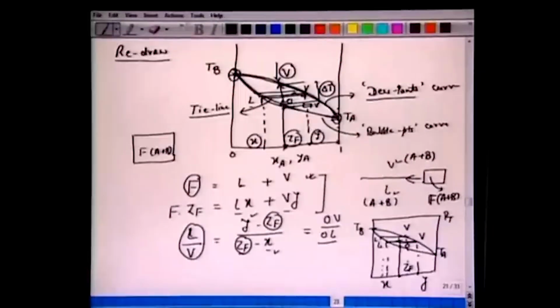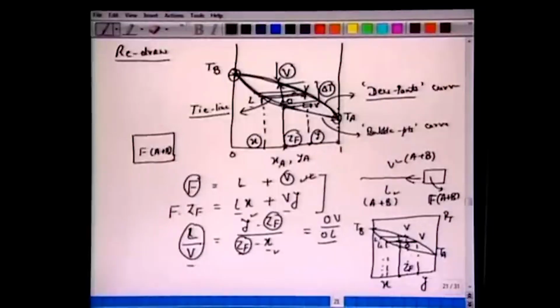And how does the liquid or vapor amount change? It is quite expected that in the beginning you have pure liquid, L is almost equal to F when the temperature reaches the bubble point, and as you further heat, more and more vapor is formed. So looking at this L by V, you now have these small segments becoming larger here.